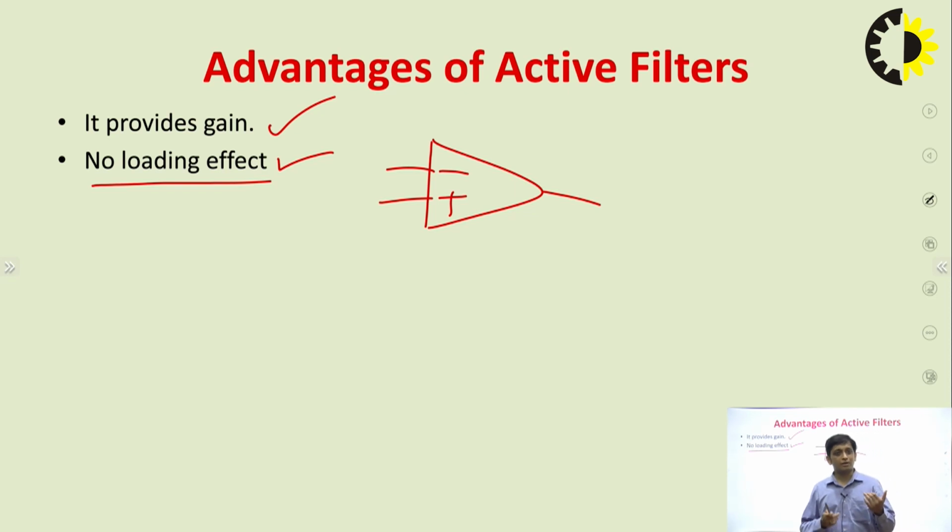So if slew rate and bandwidth are limited for the 741 IC, it means that if we design any active filter with the help of the 741 IC, those limitations will be there also. That is the issue of active filters, and that issue arises because of the limited bandwidth and limited slew rate of the operational amplifier.